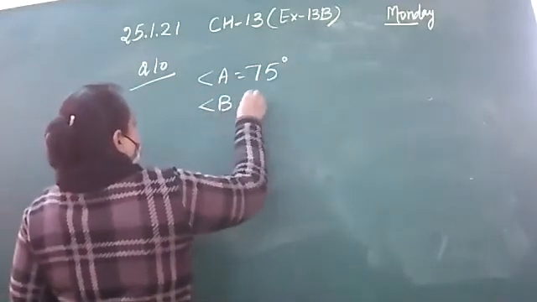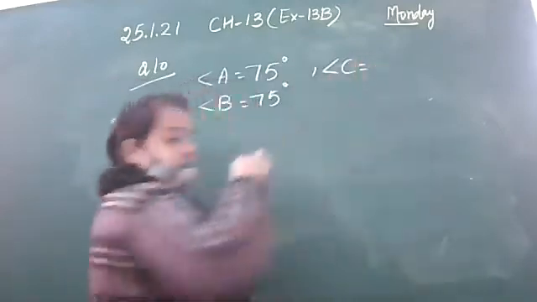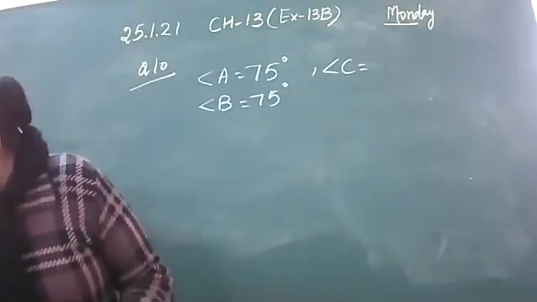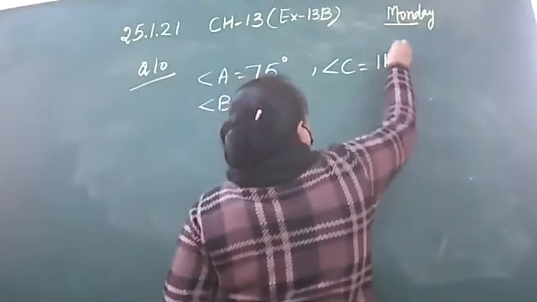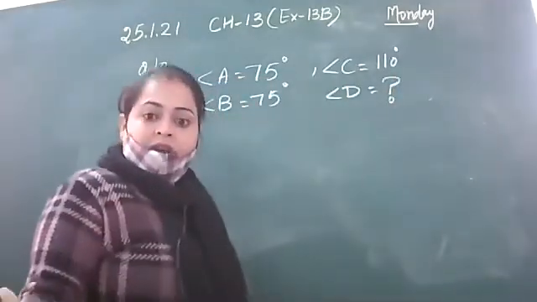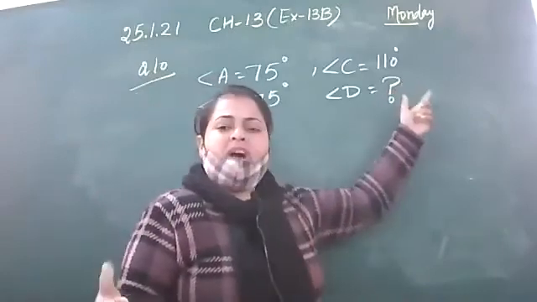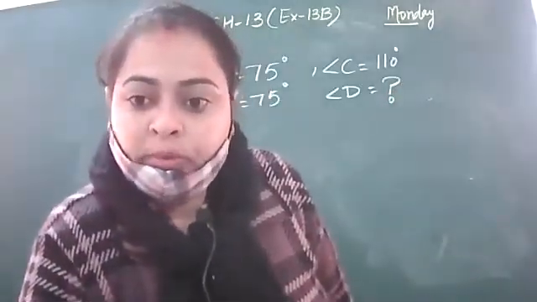Angle B is 75. Angle C is equal to 110 degree. Angle D is question mark. Or your wish, you can write X, Y, anything also. Fine. Very good.